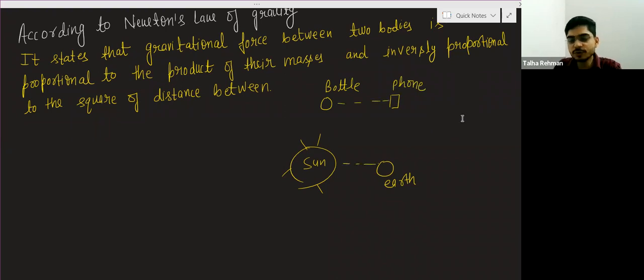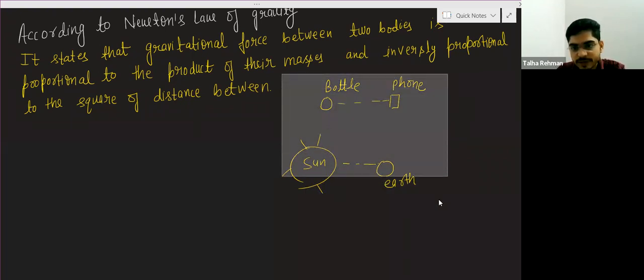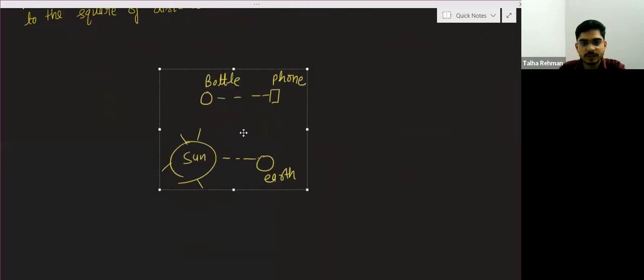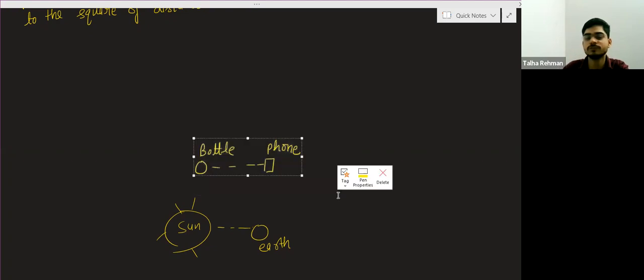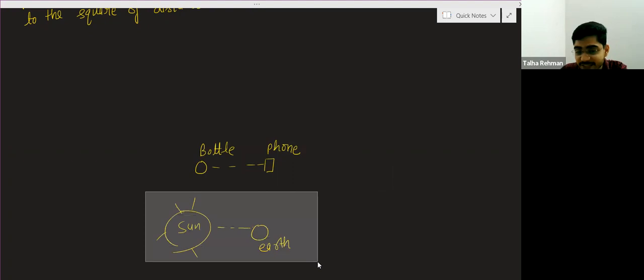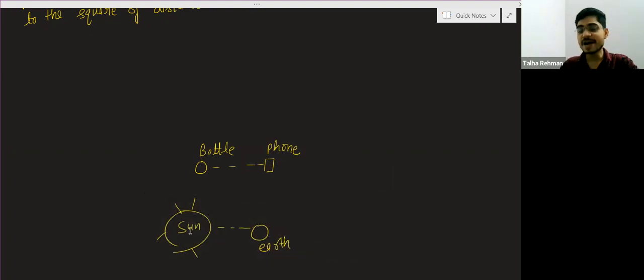And according to Newton, there will be a force of attraction, that is gravitational force, between the bottle and the phone. And there will be a force of attraction between the sun and the earth also, because the sun has a very large mass, the earth also has a very large mass.